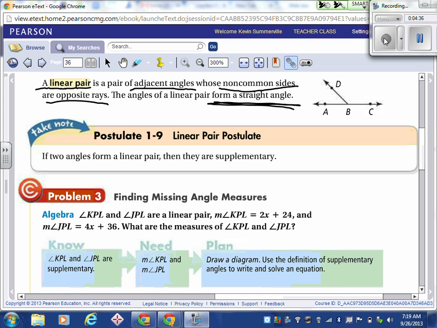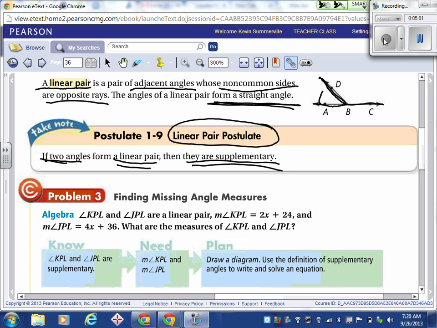So if I take a look at postulate 1-9, the linear pair postulate, it states if two angles form a linear pair, then they are supplementary. So angle DAB and angle CBD form 180 degrees.